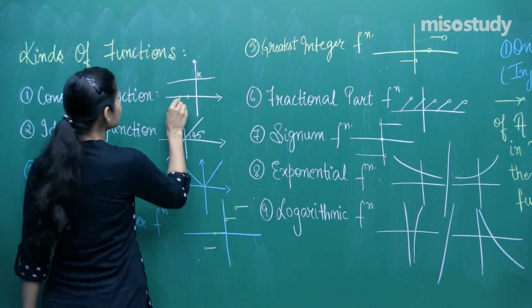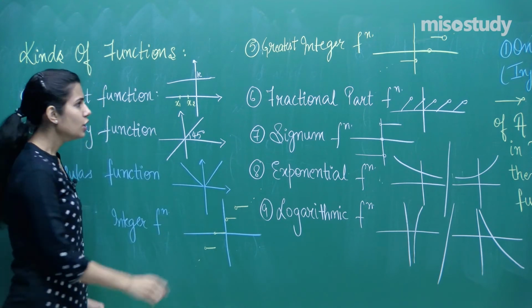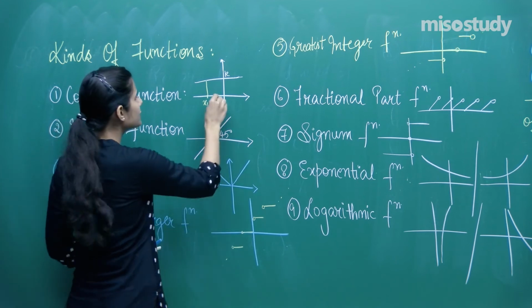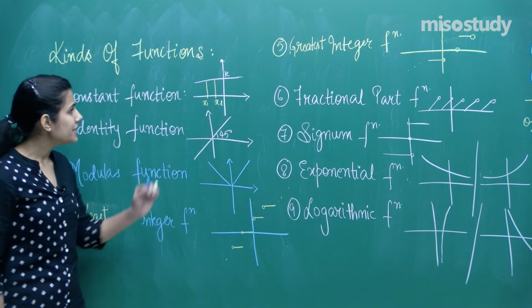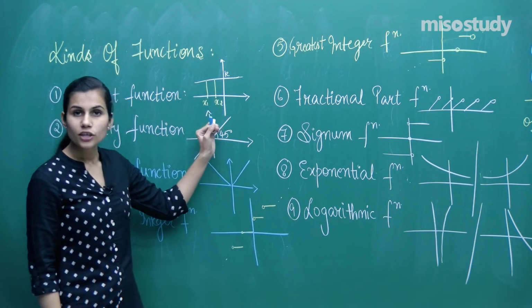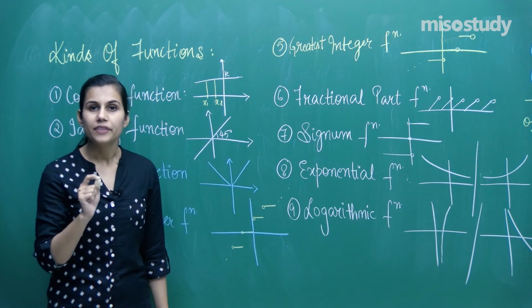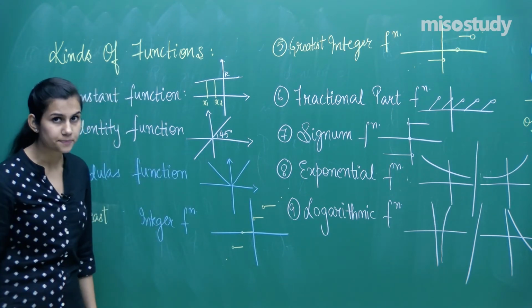Suppose I mark them as x1 and x2. Corresponding to x1 I am getting the image k, and corresponding to x2 also I am getting the image k. That means distinct members of the domain do not have distinct images, they have the same image, and therefore the constant function is not a 1-1 function.